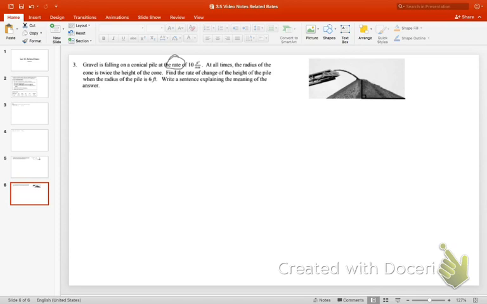If the gravel is falling on top of this cone, the entire volume of the cone is increasing.